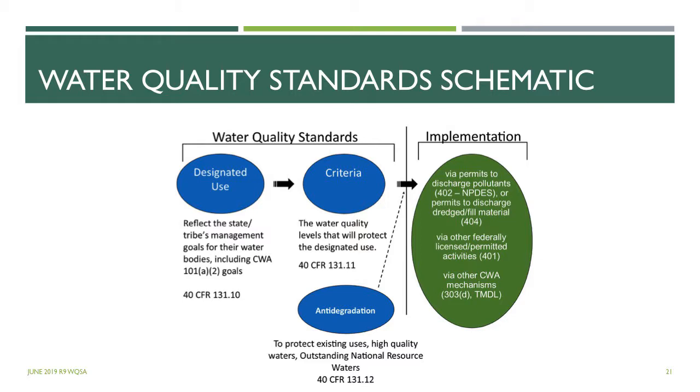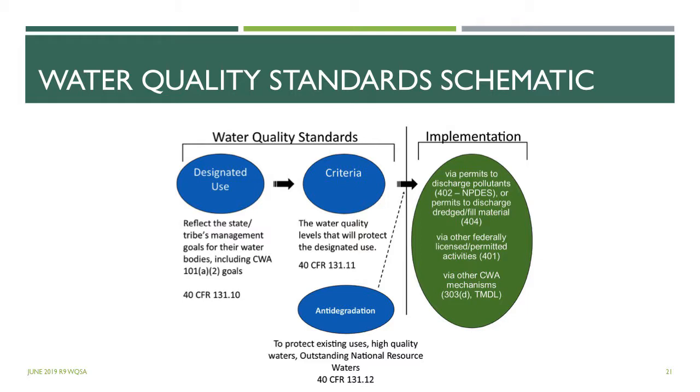Those 402 permits must derive from and comply with water quality standards. So what that means is that permit writers need to be looking at the water quality standards, often very specifically at the criteria, and they write their water quality based limits based on those criteria, so that they can ensure that the discharge coming out of a facility is not going to cause or contribute to an exceedance of the water quality standards.